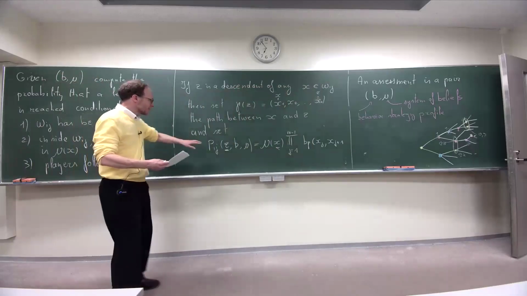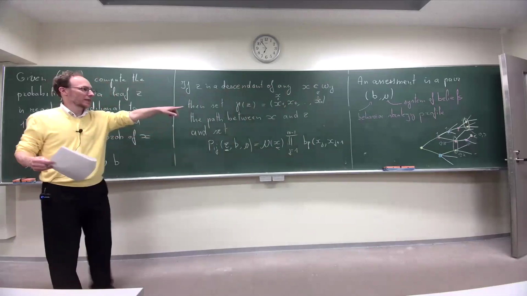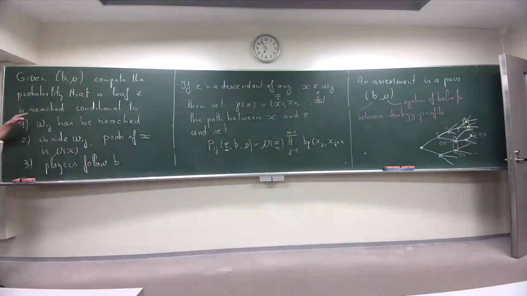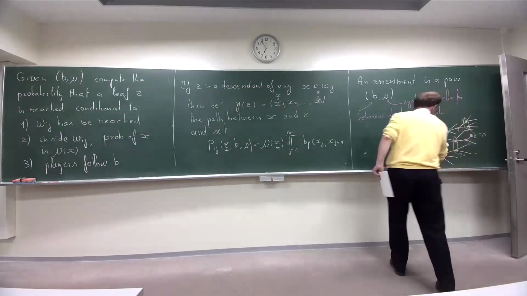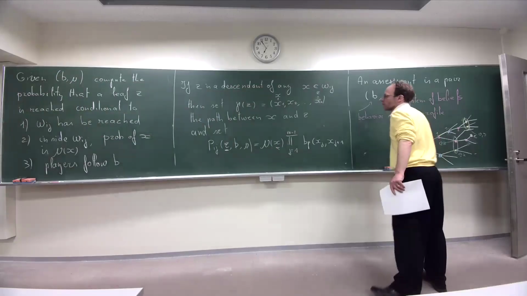Okay. So again, this is the probability of reaching z, knowing that you are at omega ij. Inside omega ij, you take the probability of this x, and you follow b for the values on the edges. So it means, in particular, you can forget everything before omega ij.